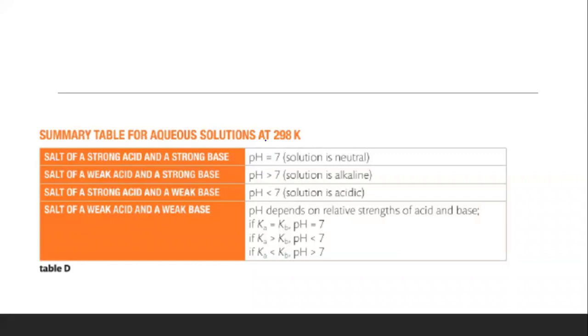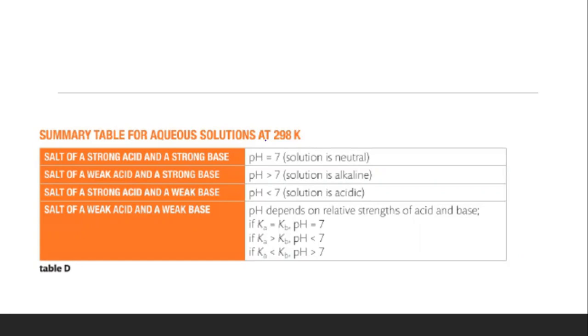If we have a salt of a weak acid but a strong base, the acid is weak but the base is strong, so the salt that will be made is going to have a pH of greater than 7. It's going to be an alkaline salt.